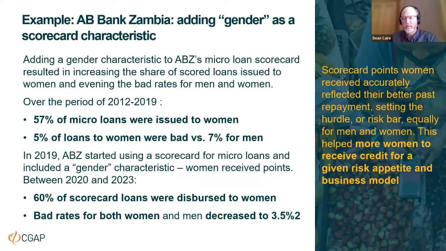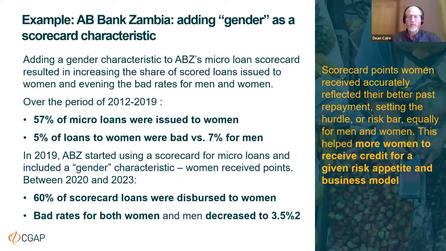Again, men repaid 2 percentage points worse, or were more often in late repayment. So that was a characteristic in the scorecard that received X number of points, 5 points, 10 points, I don't remember what it was.